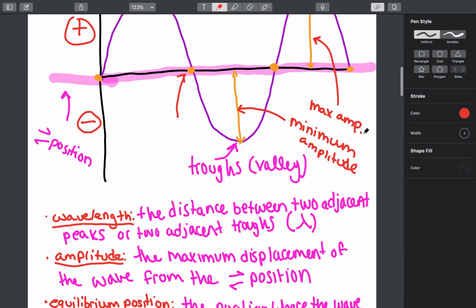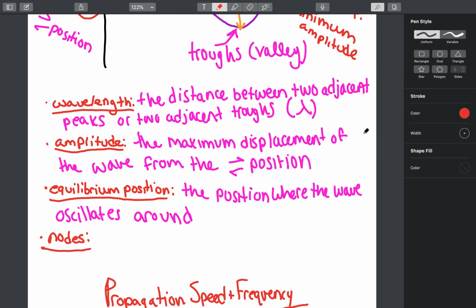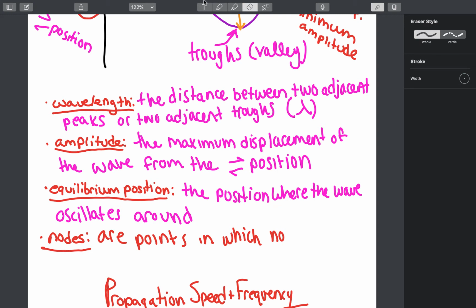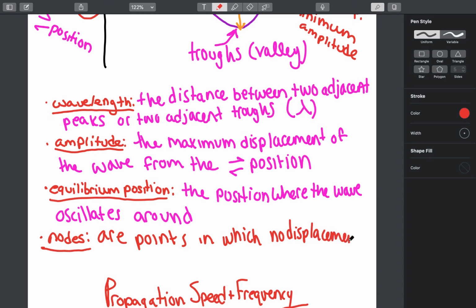So the last thing that I want to define are nodes. So nodes are points in which no displacement takes place.